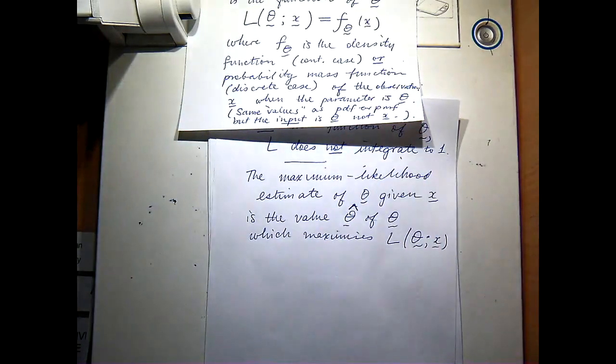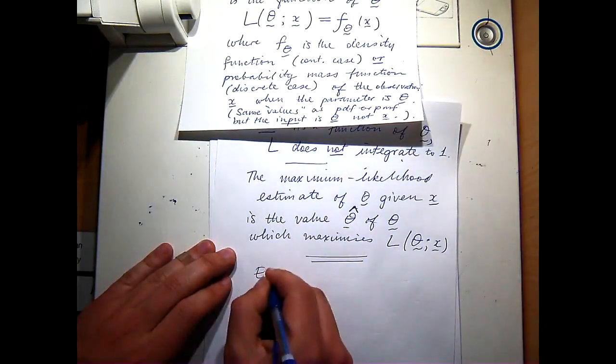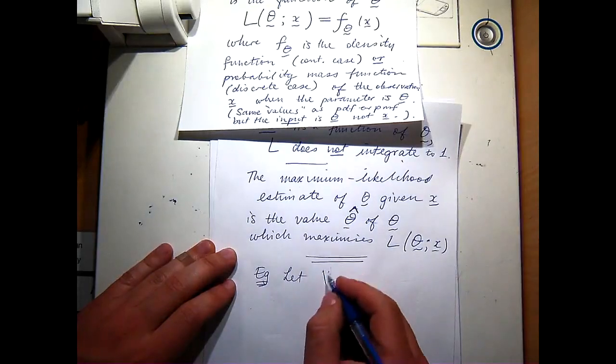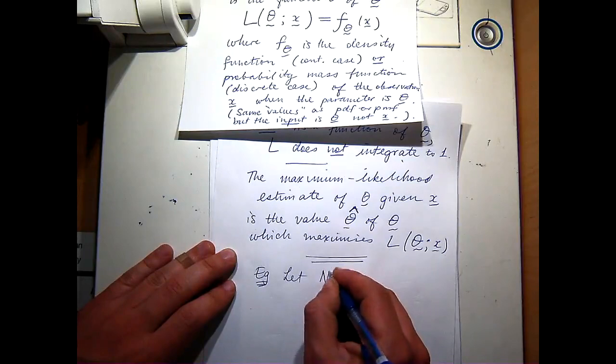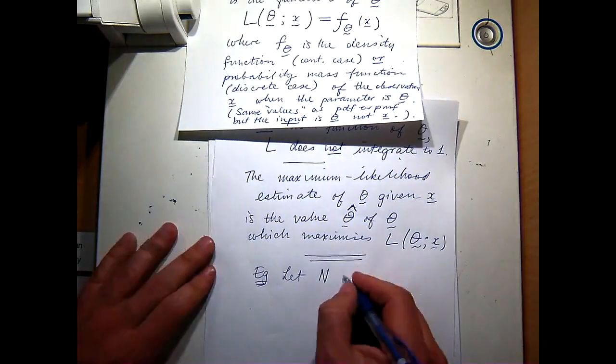Okay, so I think that's enough examples, enough definition. Let's just do a very simple example. Now I could do it x1 up to xn, and then each of them is 0 or 1 according to whether it's a yes or a no. But I'm not going to do that.